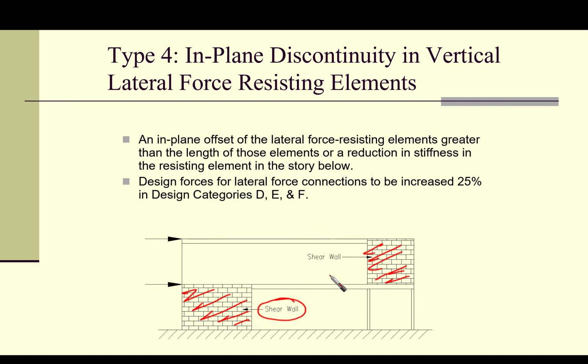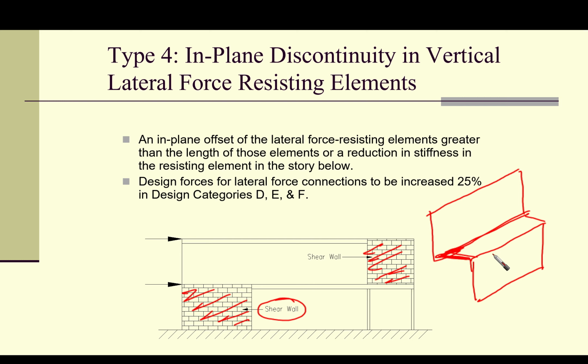In the horizontal, it was in the plane itself, there was shifting in the lateral force resisting system. This is in the first story and this is in the second story, so there is a horizontal offset here. This is what we call out of plane, but here we call it in plane.